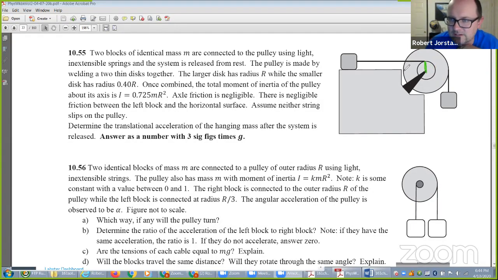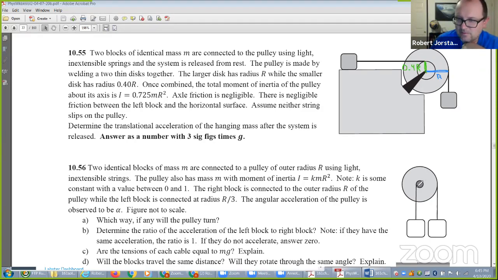Now, for the other one, that's got a different radius. And so now the torque equation is going to get nasty, all right, because you've got two different radii, and it's just going to be fun. Fun is a word I would use.